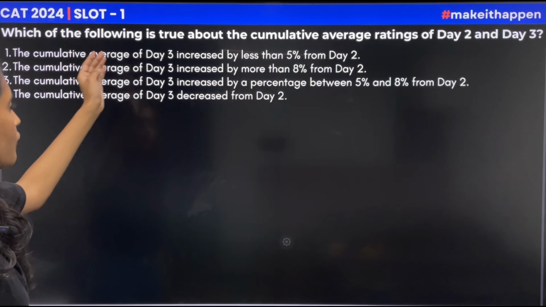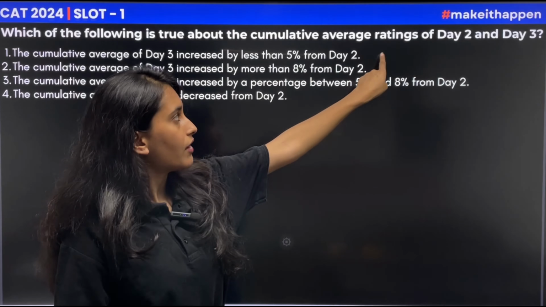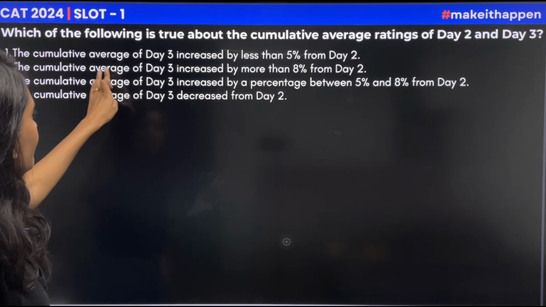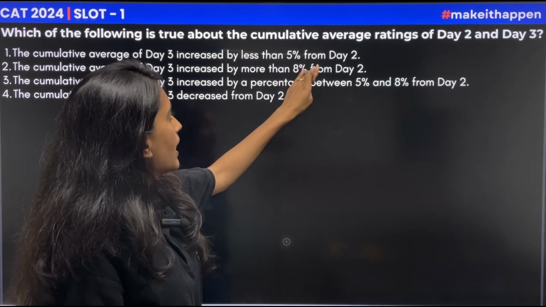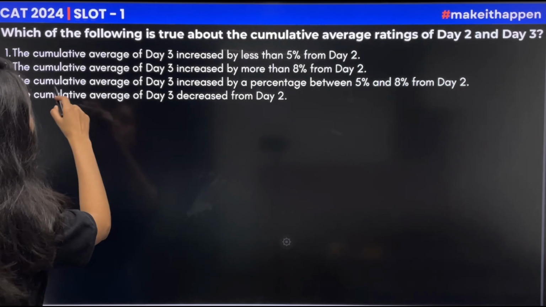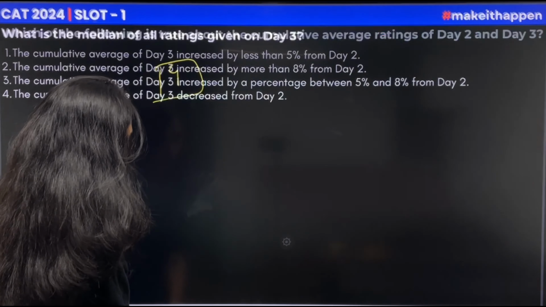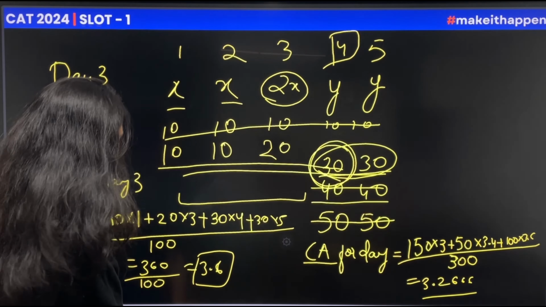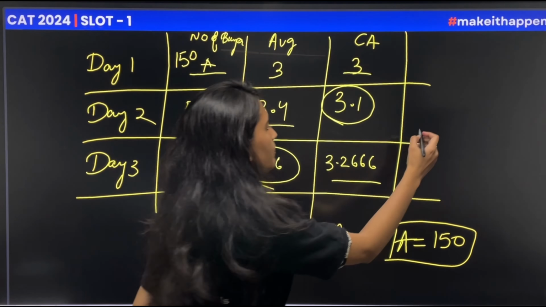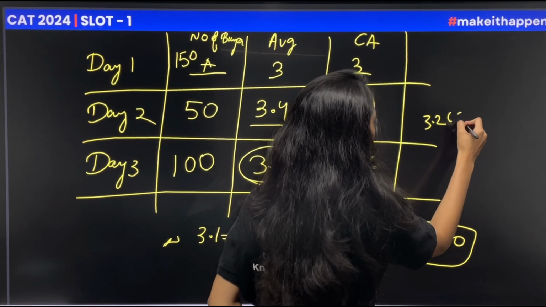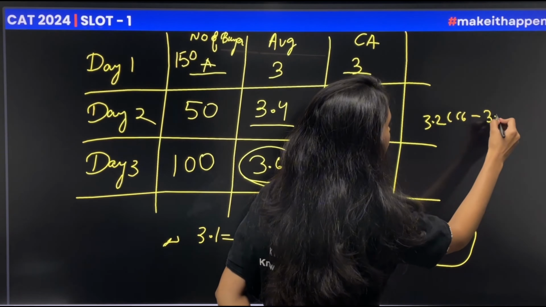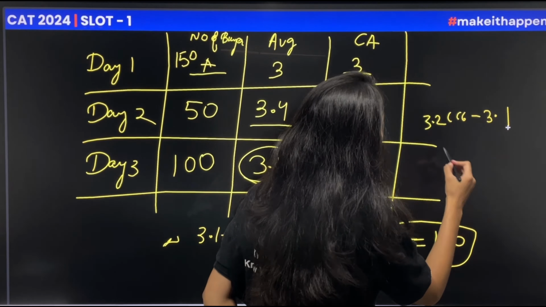Now, which of the following is true about the cumulative average ratings of day 2 and day 3? The cumulative average of day 3 increased by less than 5% from day 2. Okay, so we can find out that the cumulative average for day 3 was 3.266, and for day 2 it was 3.1.